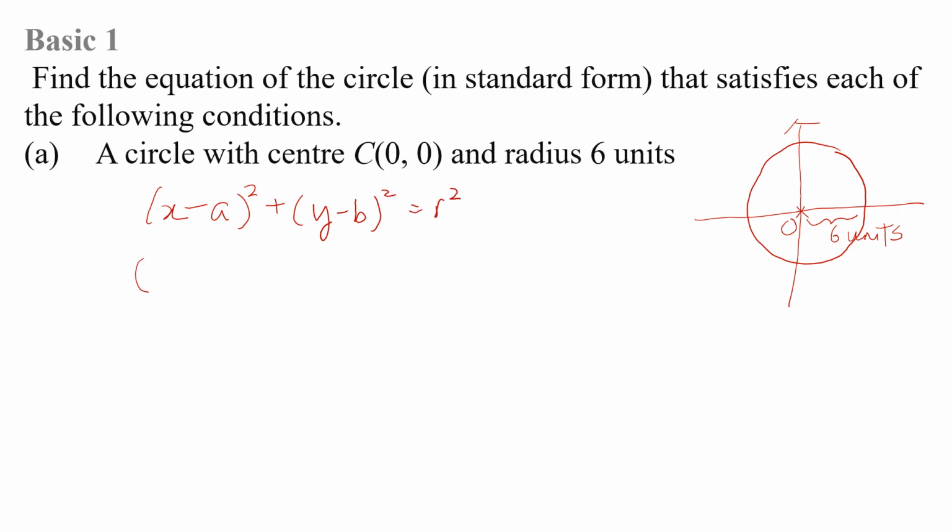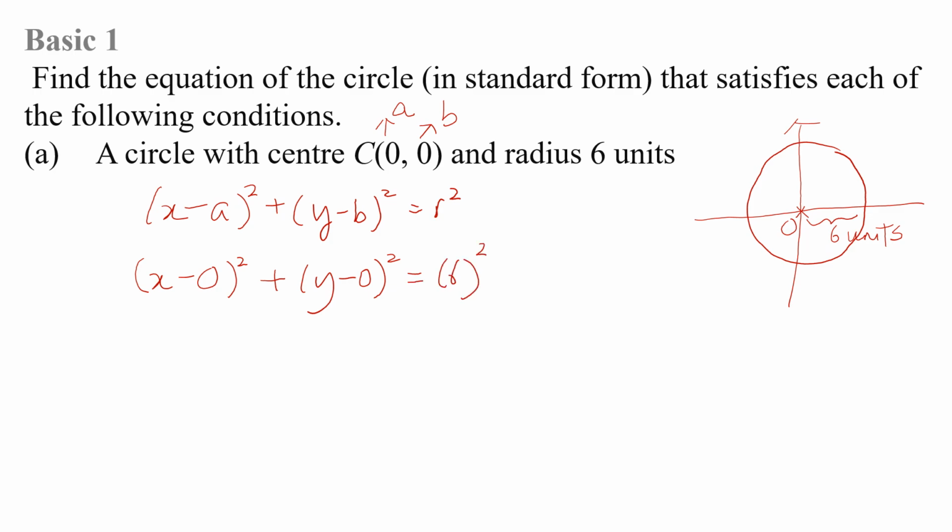Let's just substitute in the values. For a and b, in this case, it is 0. And the radius is 6.